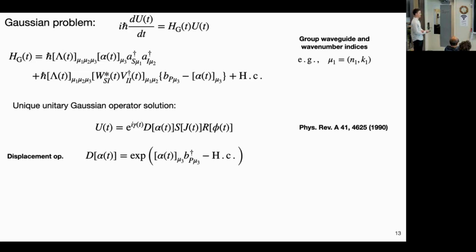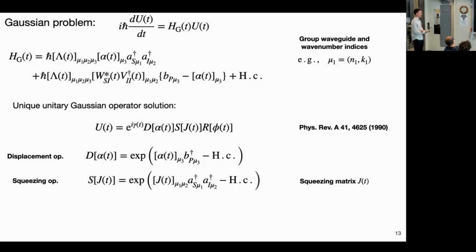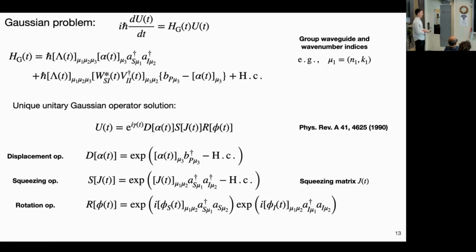And this coherent state we're allowing to be time dependent because it can be affected by the nonlinear generation of signal and idler. This is the squeezing operator where J of t is the squeezing matrix. And this describes the entanglement between the signal and idler, and it involves the entanglement over the entire system, including the phantom and the actual channel. And the rotation operator here, where phi s and phi i are rotation matrices.